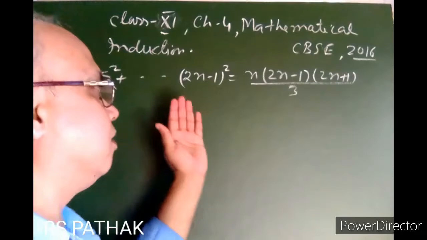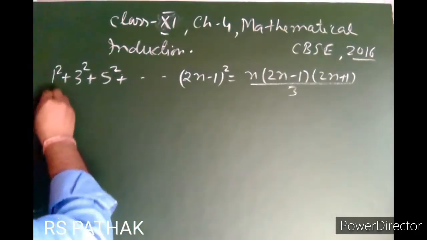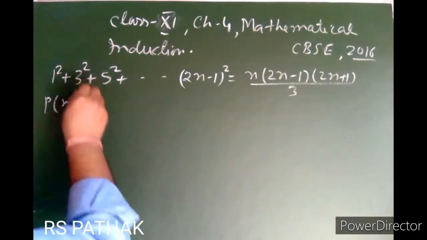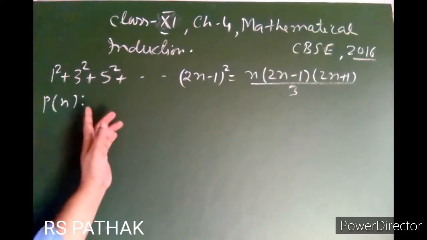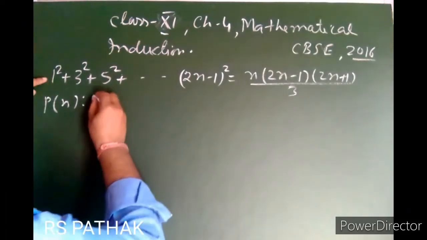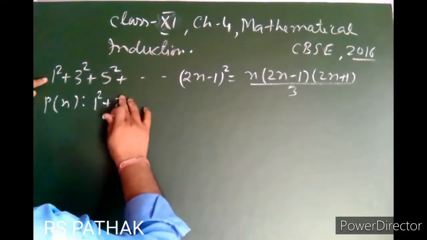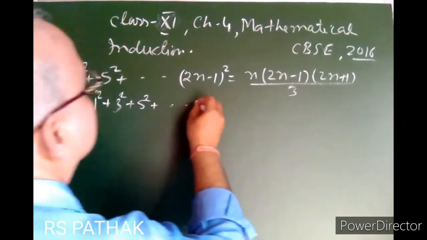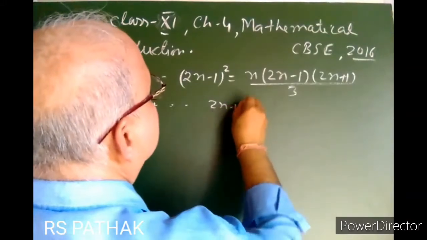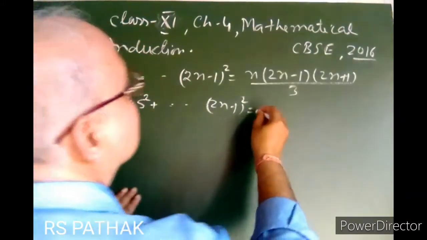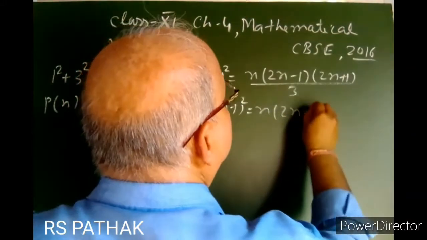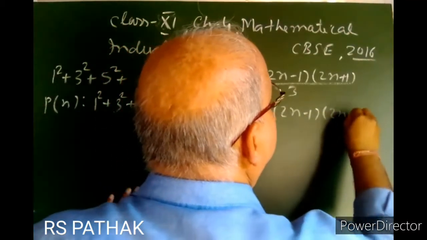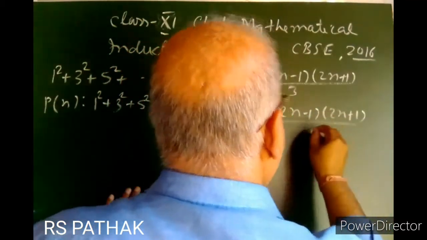This statement can be written in the form of Pn. Pn is the mathematical statement: 1 square plus 3 square plus 5 square plus dash dash dash plus (2n minus 1) whole square equals n(2n minus 1)(2n plus 1) upon 3.